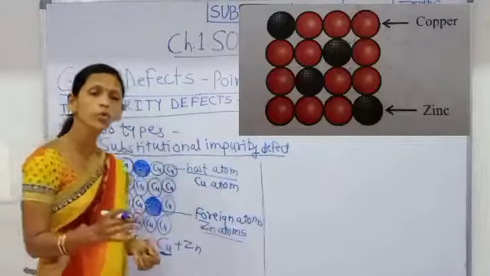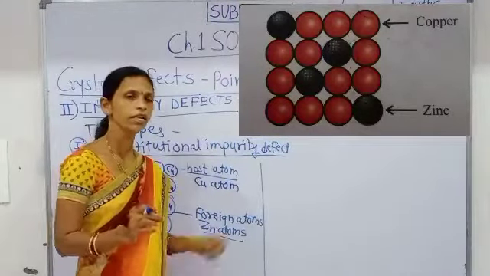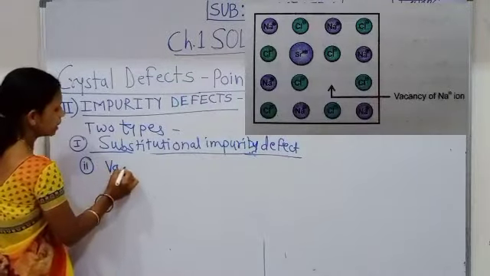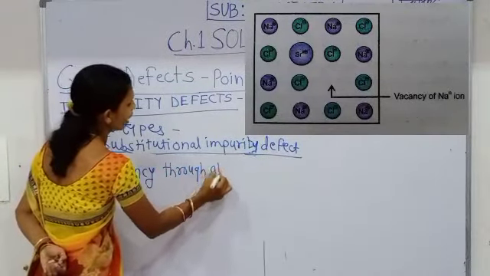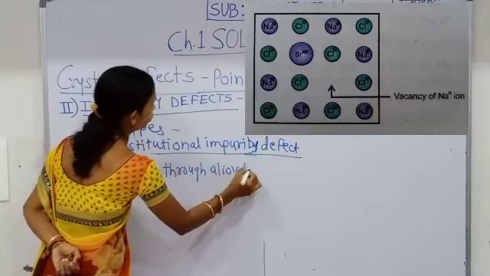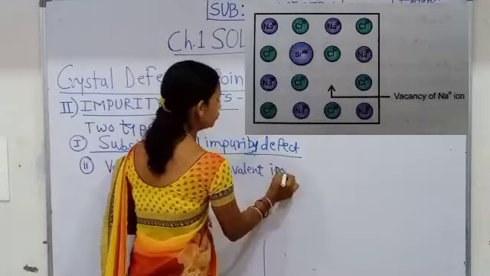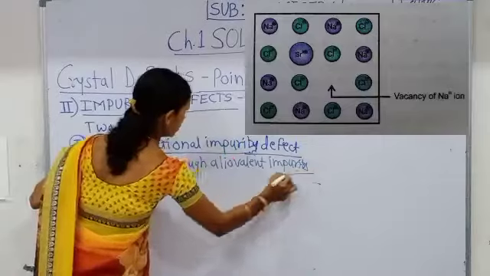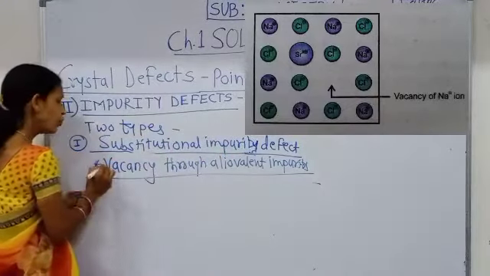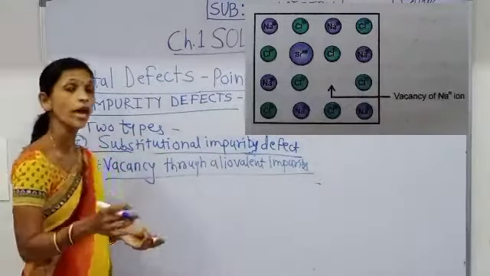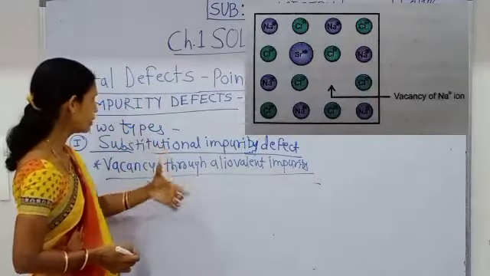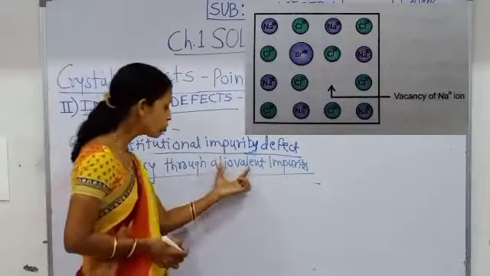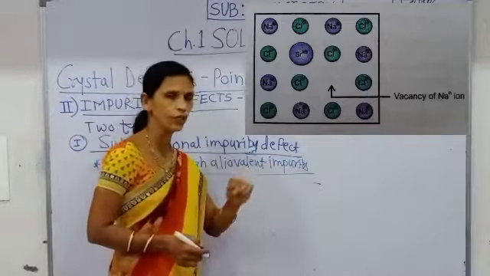Then one more concept is there, that is vacancy through aliovalent impurity. See here, vacancy means a vacant, empty place, which is obtained because of aliovalent impurity.